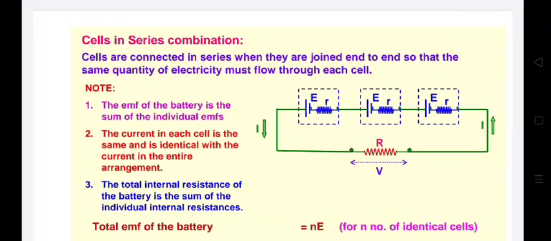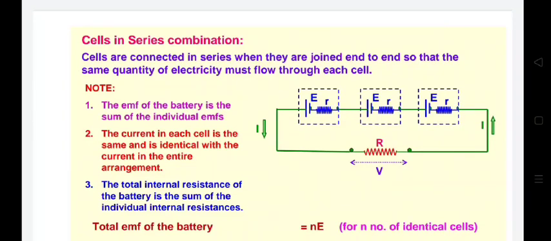In this combination, the negative pole of the first cell is connected to the positive pole of the second cell. The negative pole of the second cell to the positive pole of the third. The negative pole of the third to the positive pole of the fourth, and so on. This is how the cells are connected in a series combination.